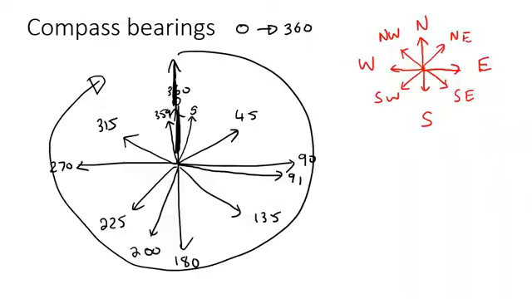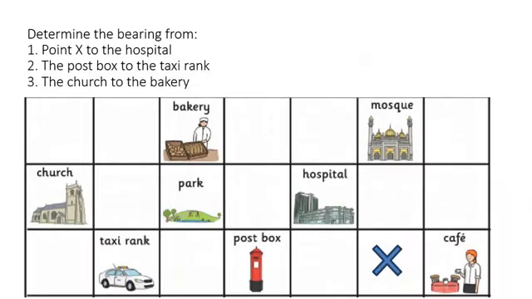Now, let's quickly do an example. We looked at an example like this in one of our previous lessons, but this one's a bit different. It says, determine the bearing from point X to the hospital. These bearings, we're just going to stick to the basic ones. So we know bearing is 0, then there's 90 degrees, 180, 270, and then this would come back to 360.